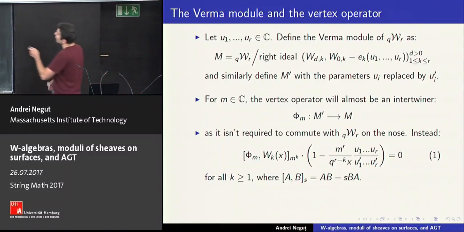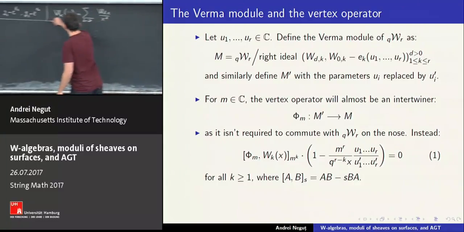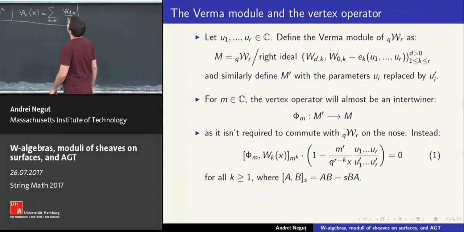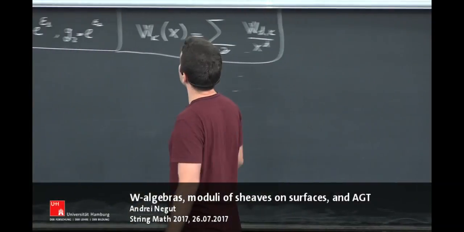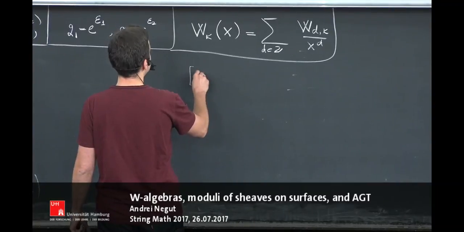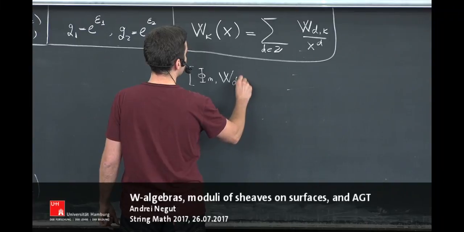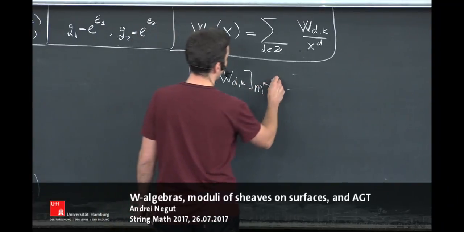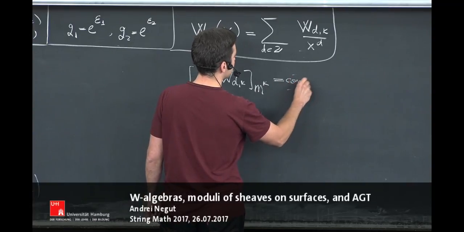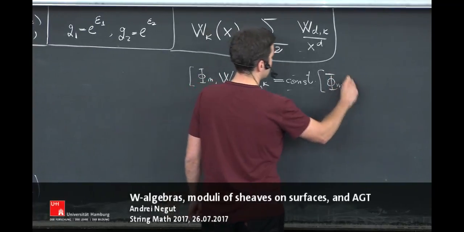So one consequence of this formula, in terms of the generating modes, is the following. You can take the condition in powers of x, and what it's telling you is that if you take the commutator of phi m with one of the modes, wdk, well, you don't just take the commutator, you take this m to the power k deformed commutator, then this is equal to a constant times the commutator with the 0 mode, so w0k.